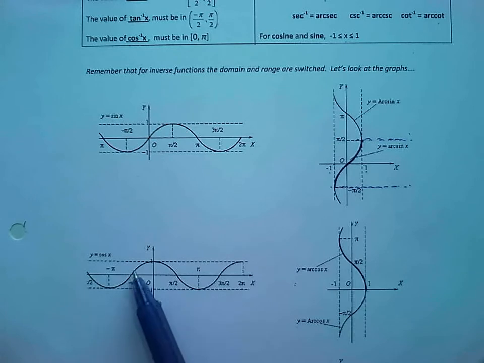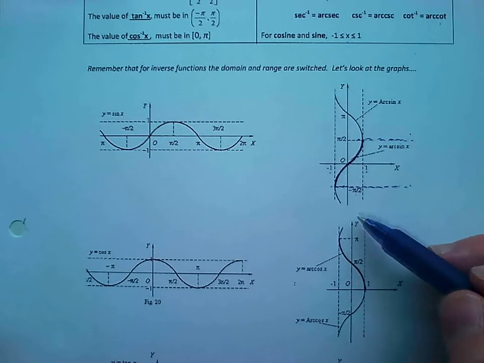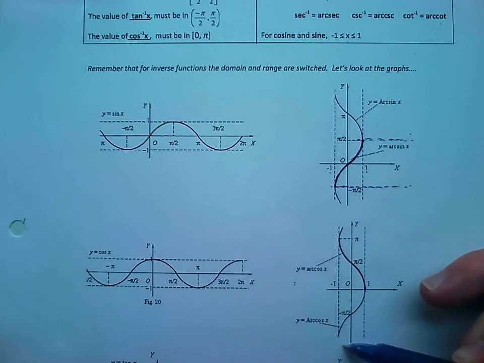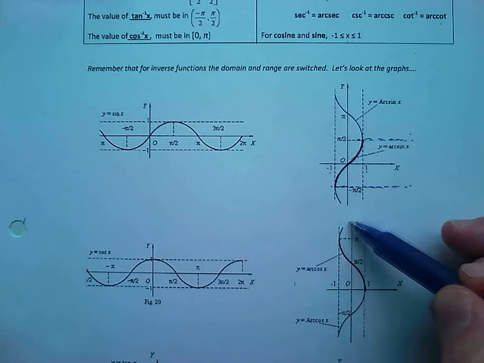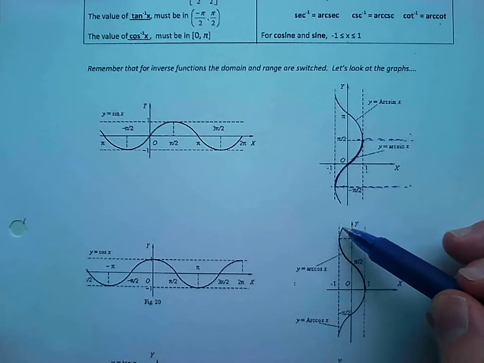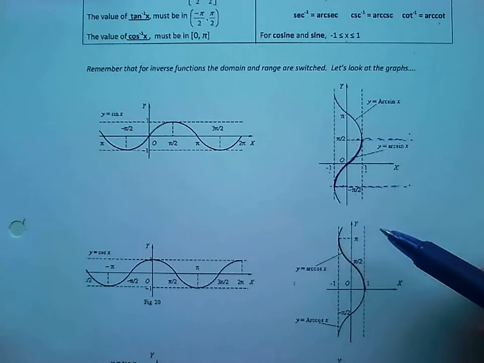Again, the cosine function keeps on going on forever and ever. It repeats itself. So therefore, the inverse of the cosine function, the arc cosine function, technically speaking, keeps on going on forever and ever too. However, again, we want this inverse function also to be a function.